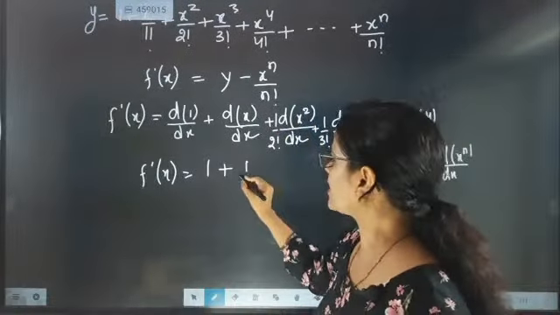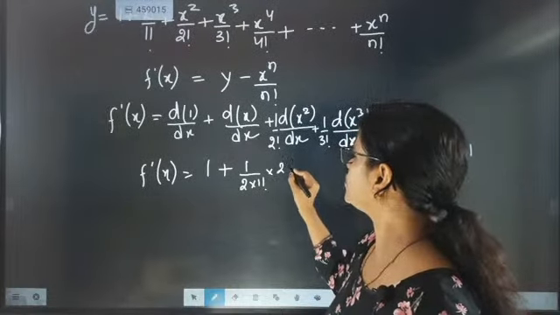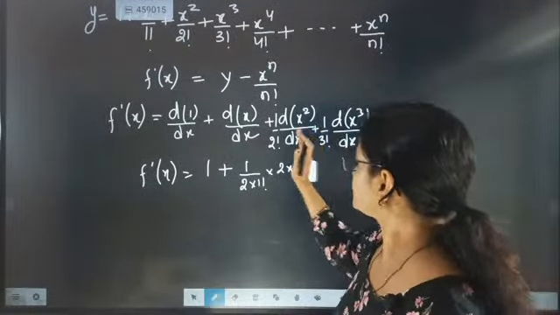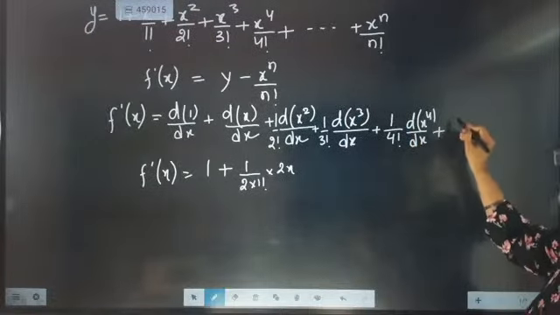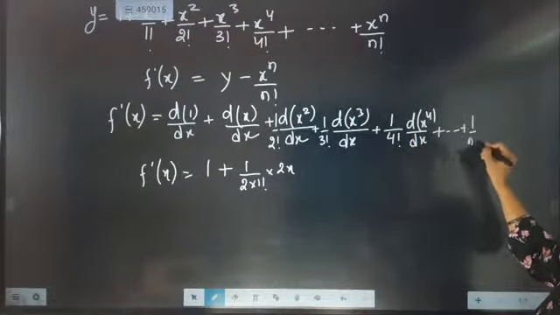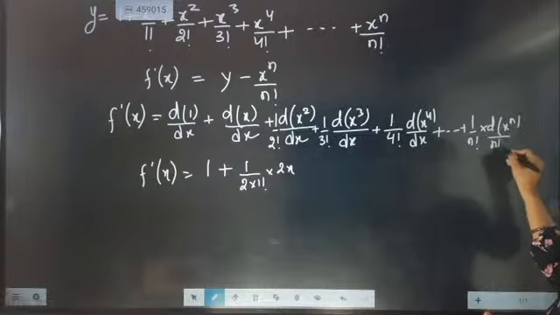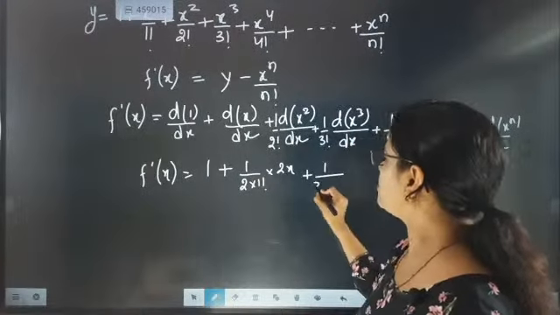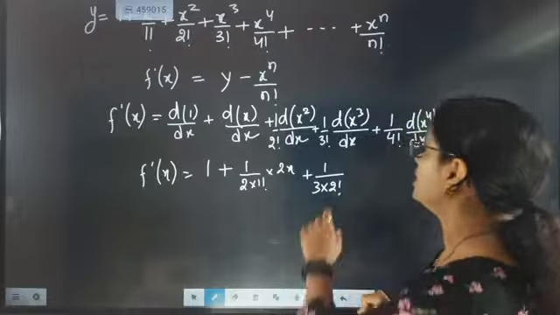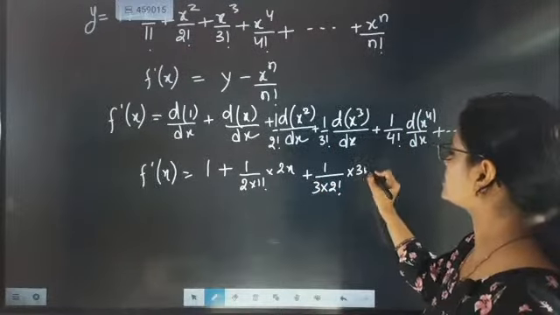Here 2 factorial can be written as 2 into 1 factorial into 2x, plus 3 factorial will be written as 3 into 2 factorial and it is coming as 3x square.